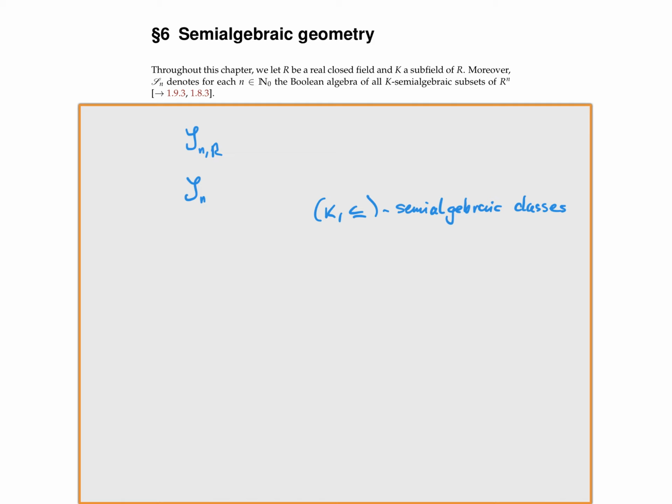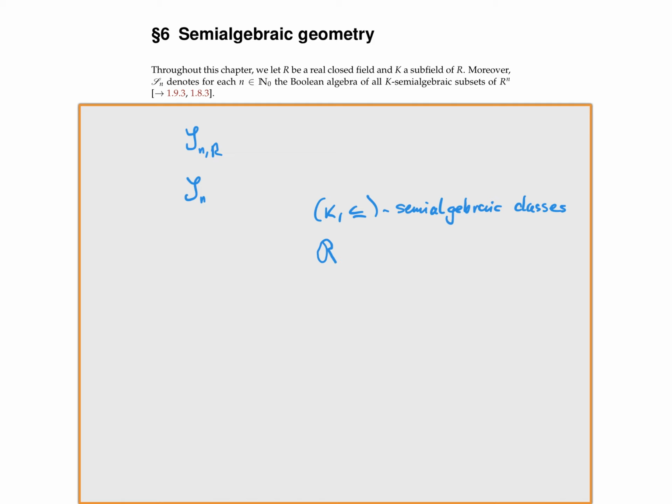Now for this ordered field, we could take K together with the order that is induced from R, and we could take for curly R, if you go back to chapters 1.8 and 1.9, this set of real closed fields, or you might think of it as a class of all real closed extension fields of K.